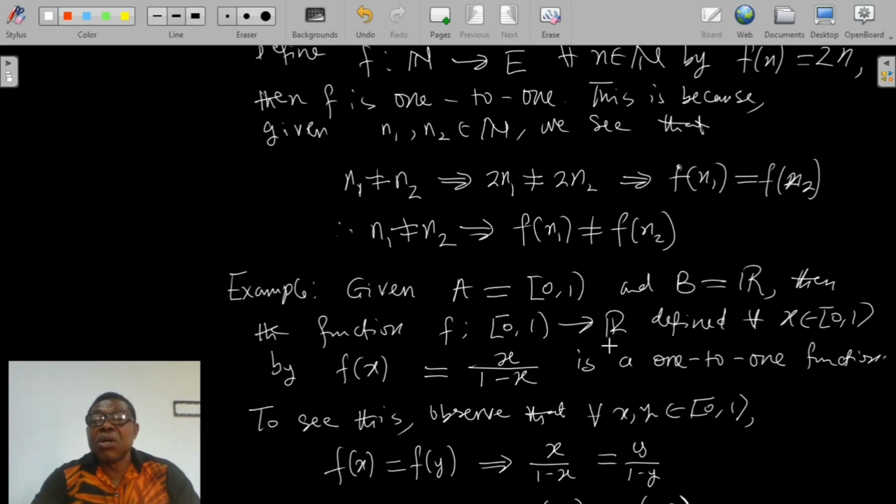The reason is because I can find a value here for which there is nothing here that will be mapped to it. Observe that by this definition, this particular value is always bigger than or equal to 0. So if I take a negative value here, we may not be able to find something here that will be mapped onto the negative value by this function.